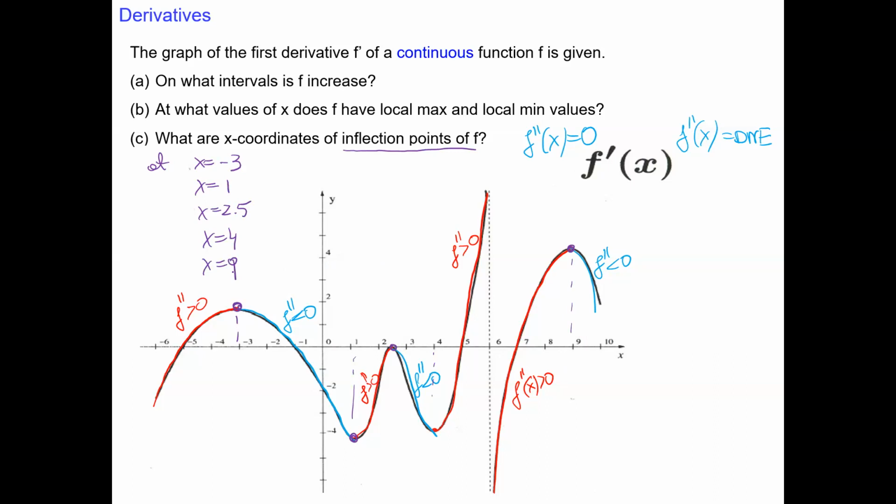What about 6? At 6, probably the second derivative is also undefined, but it is not changing sign. Maybe the second derivative is positive, meaning the function is concave up on both sides. That means this is not an inflection point. That's all of the x values for the inflection points.